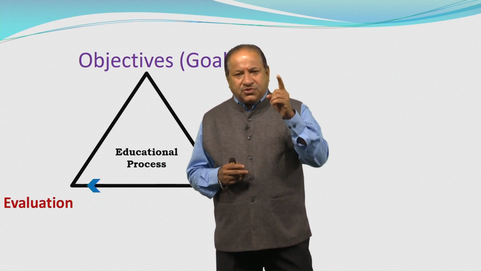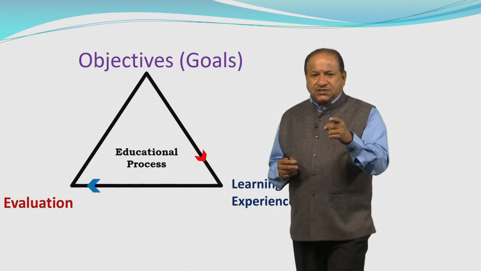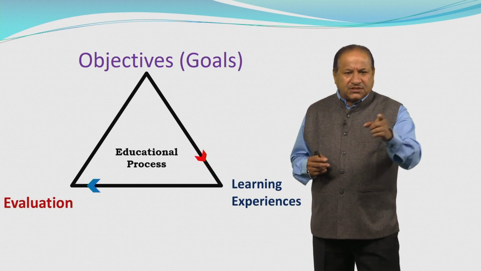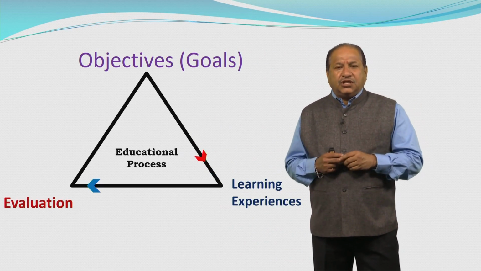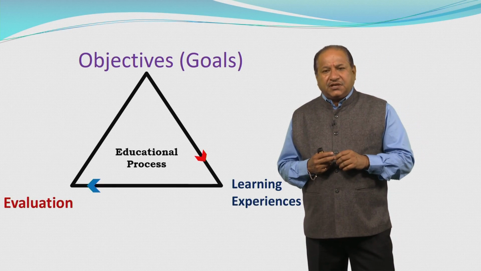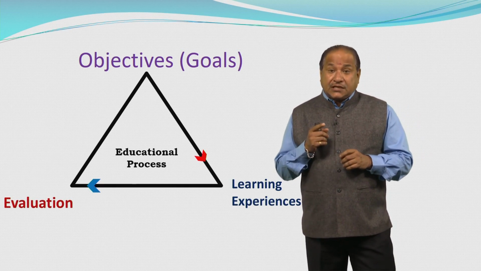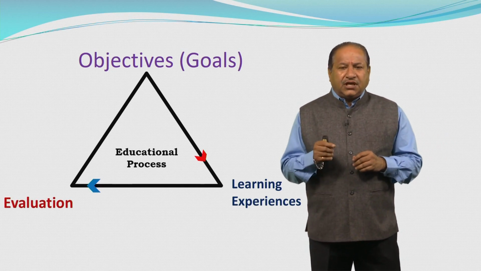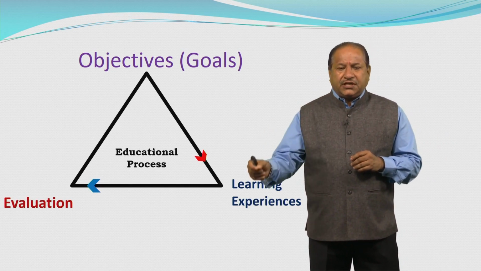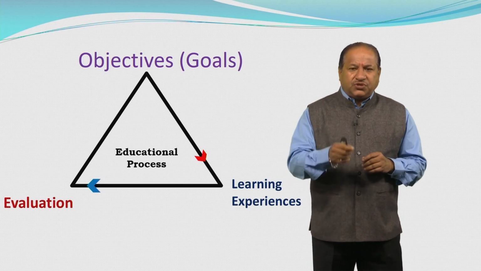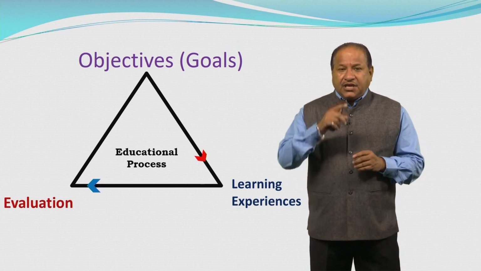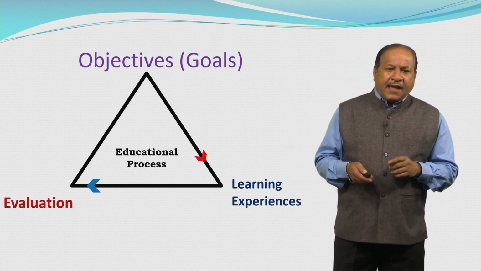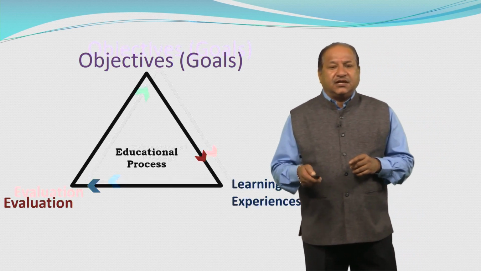Then according to objectives, the teaching learning process is planned, and through the teaching learning process the evaluation or assessment takes place to collect the evidence whether the objectives have been achieved through these learning experiences or not. And then only the first cycle is totally prepared, and this evidence is then considered.